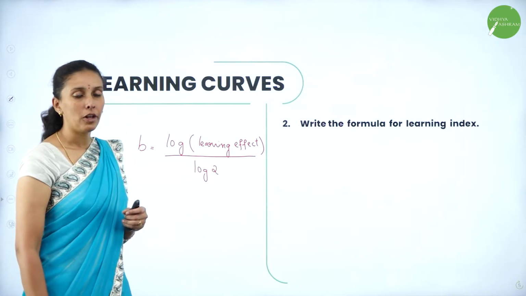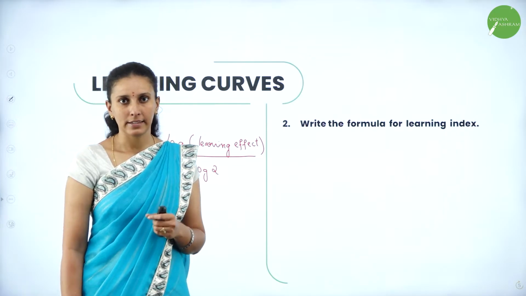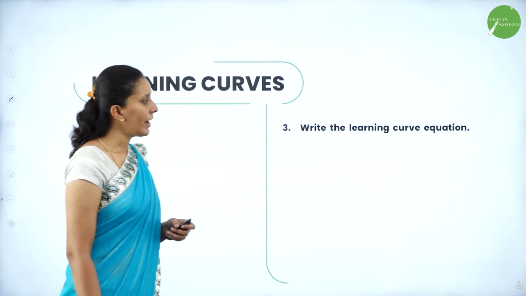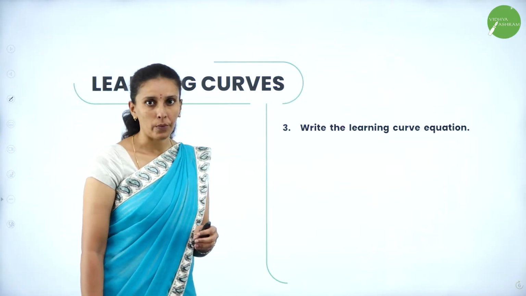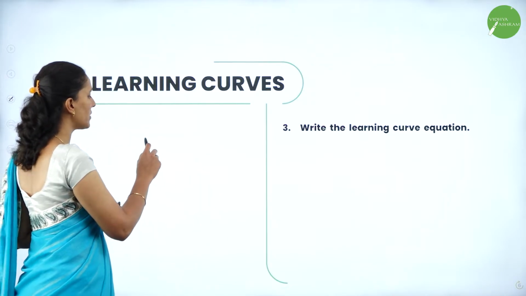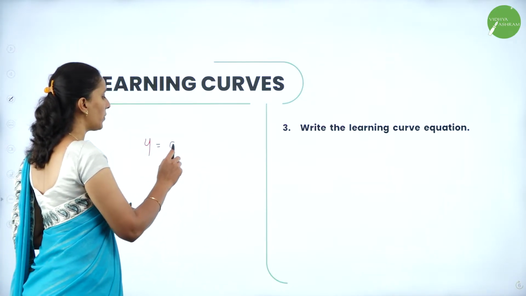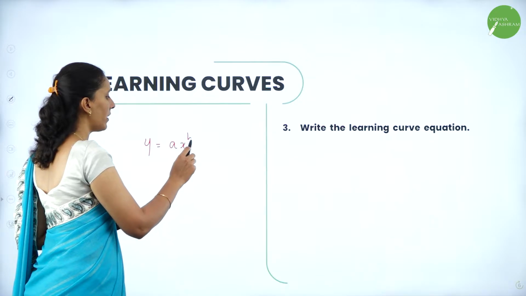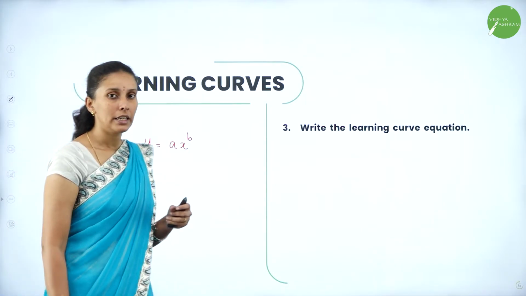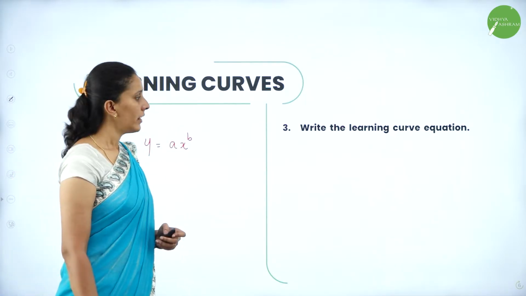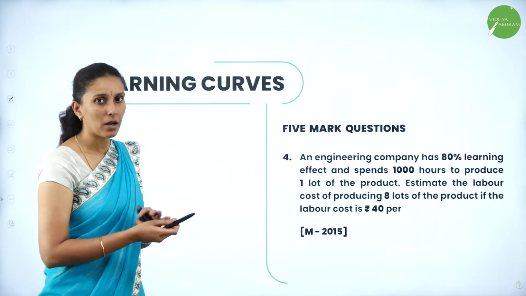So this is the formula of learning index. Next question, write the learning curve equation. The learning curve equation is given by y is equal to a x to the power b, where b is the index of learning.